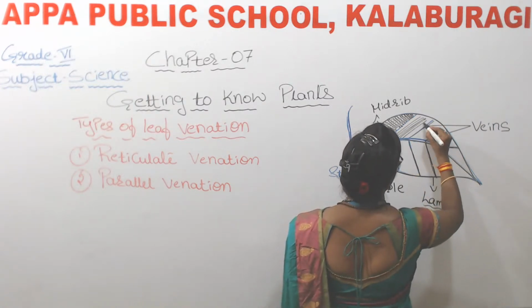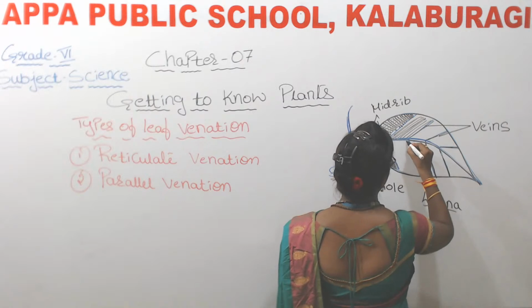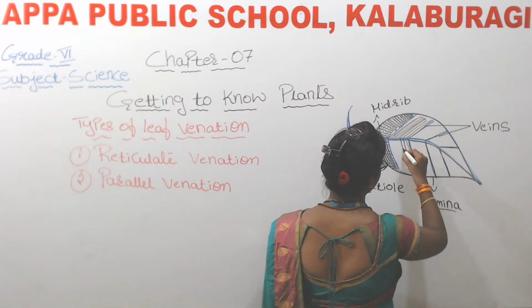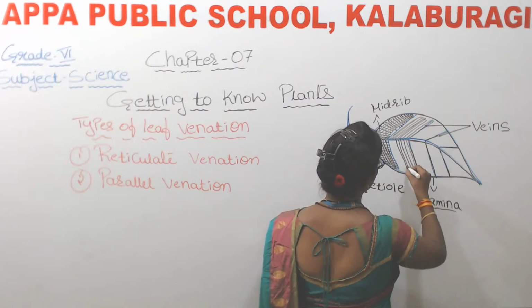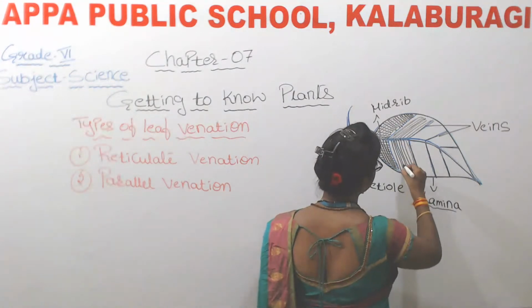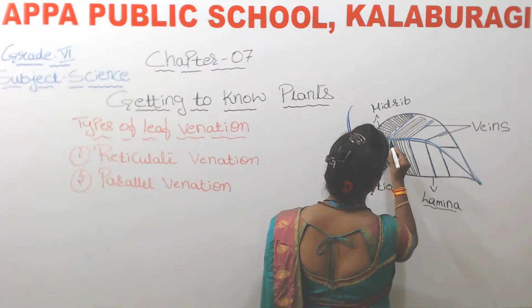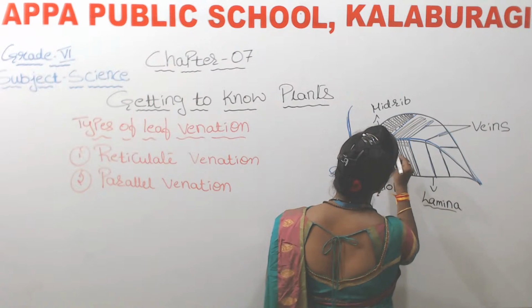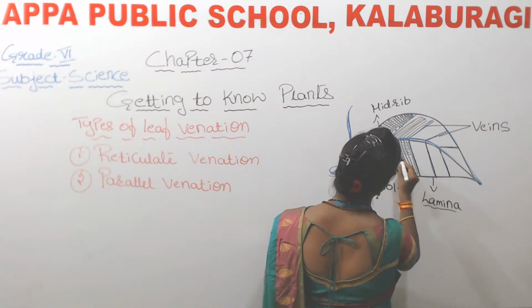When you observe a reticulate leaf very closely, you will find a net-like structure on both sides of the midrib. So that is known as reticulate venation.